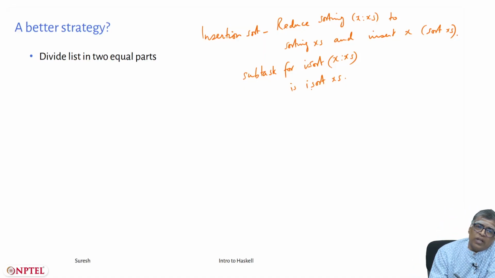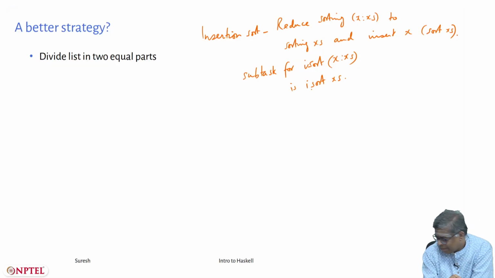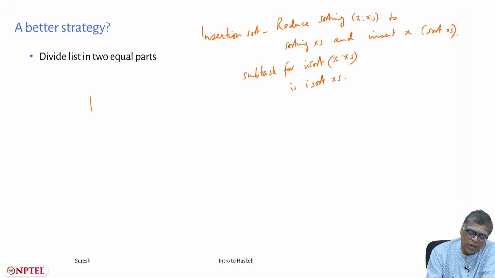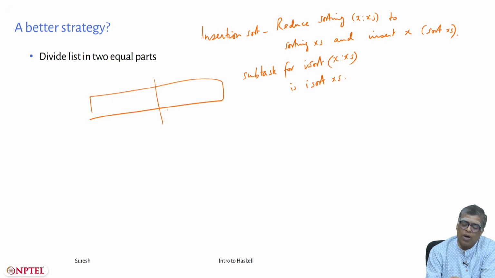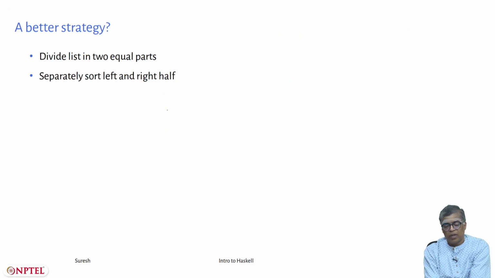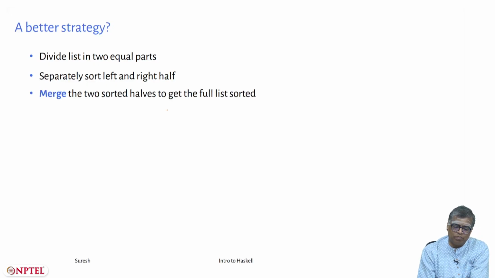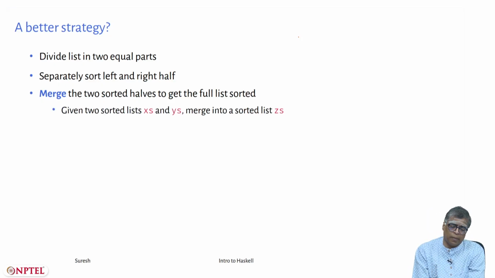You will divide the list into two equal parts, and so maybe if you have a list like this, you will cut it in two halves, take the first part and the second part, separately sort the left and right half recursively, and then merge the two sorted halves to get the full list sorted. Okay, so this is the strategy: divide the list into two halves, sort the first half, sort the second half, and then merge the two lists. Now merge is, earlier we had insert, now we have merge.